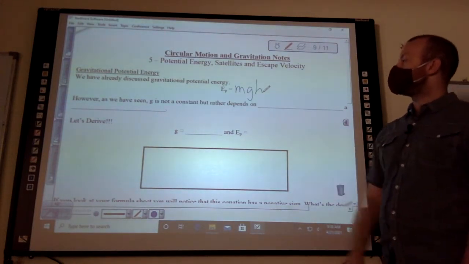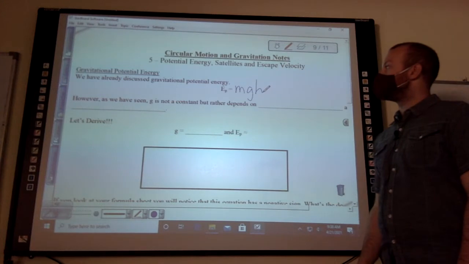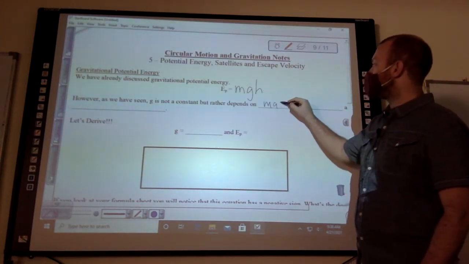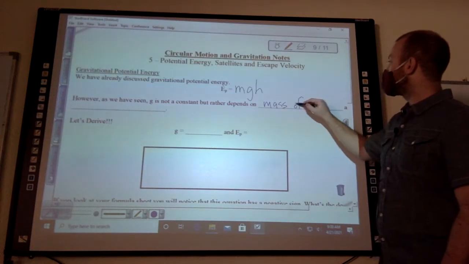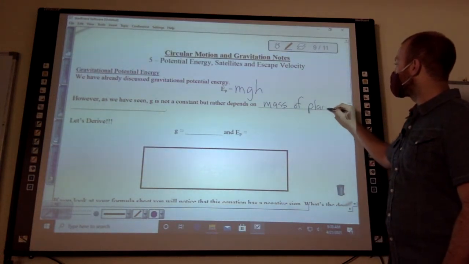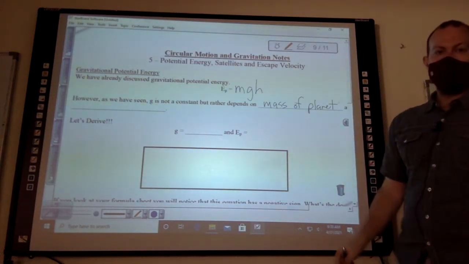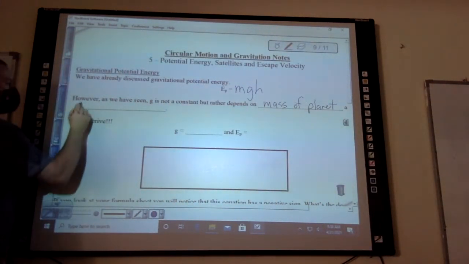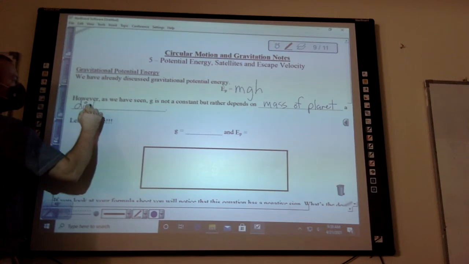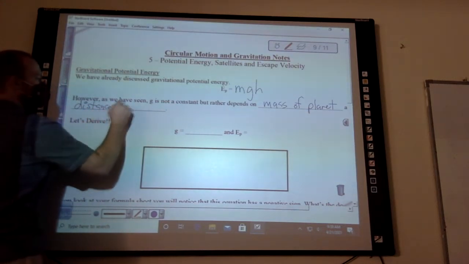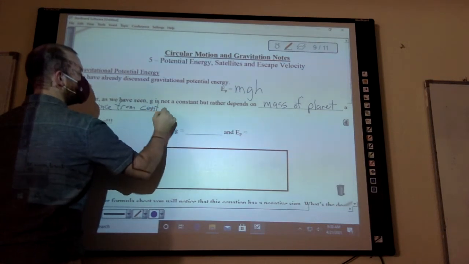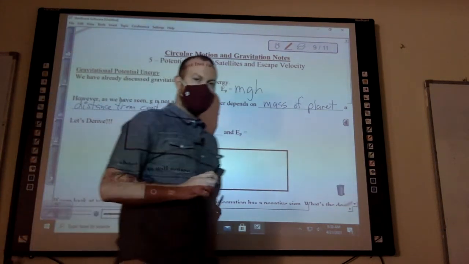But g is not, obviously, constantly 9.8. So it depends on a couple of things. It depends on the mass of the planet, and distance from center. So these are the two things it depends on.